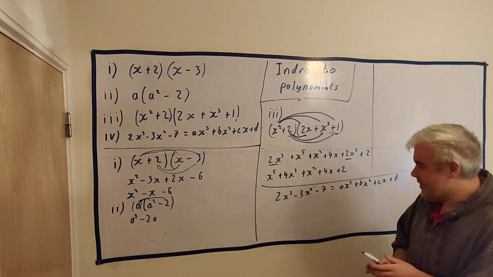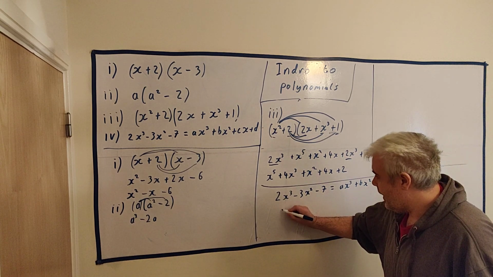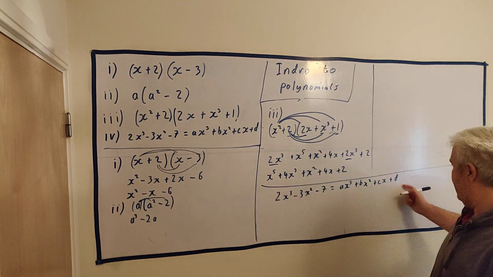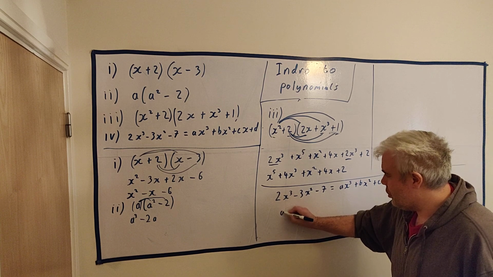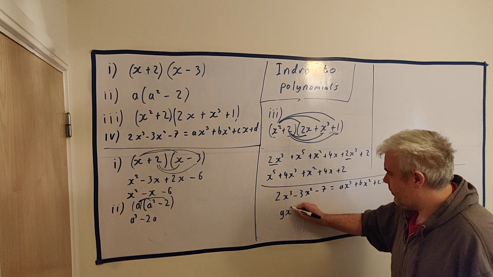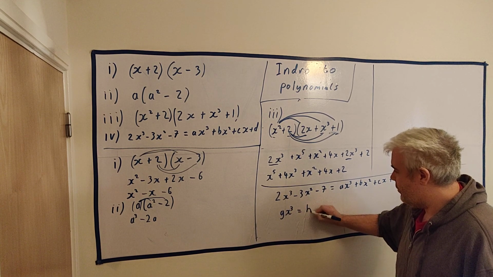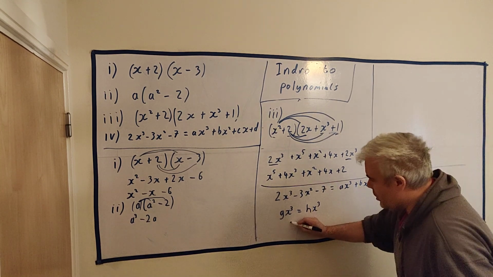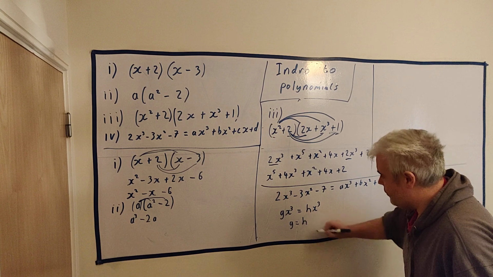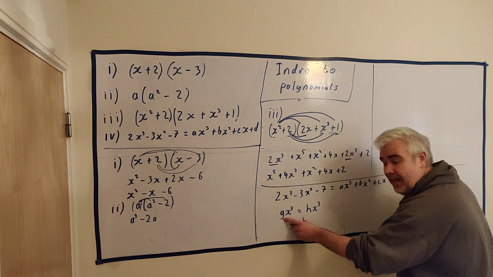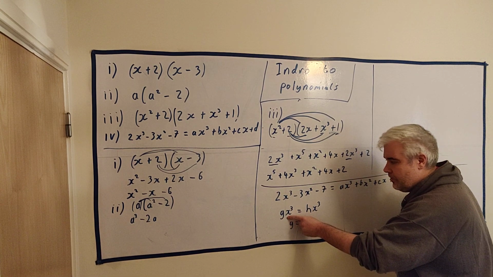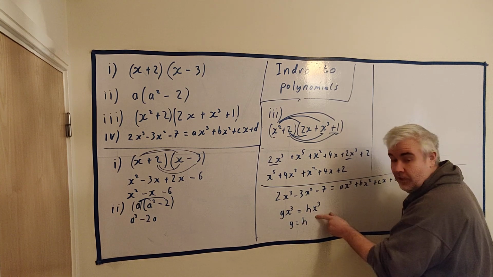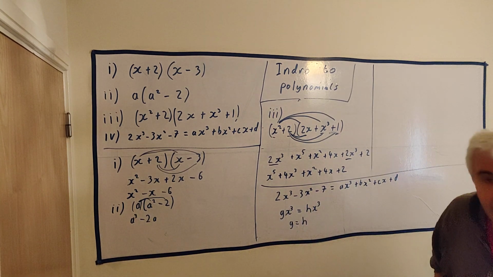But the takeaway is simply this. Let me use different letters. What have we got here? We'll say gx cubed equals hx cubed. G equals h. Basically, any number in front of the x cubes on the left equals the number in front of the x cubes on the right.